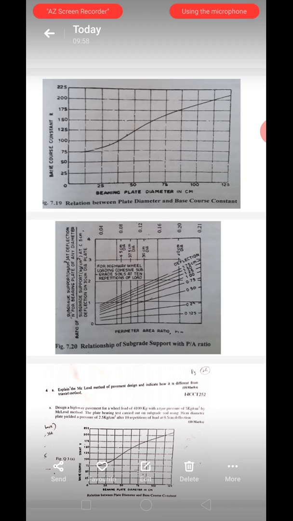On x-axis we see perimeter area ratio. The values are given above: 0.04, 0.08, 0.12, 0.16, 0.2, 0.21. And on y-axis, that is small x, that is a ratio of subgrade support to the standard subgrade support at 0.5 cm deflection, 30 cm dia plate.